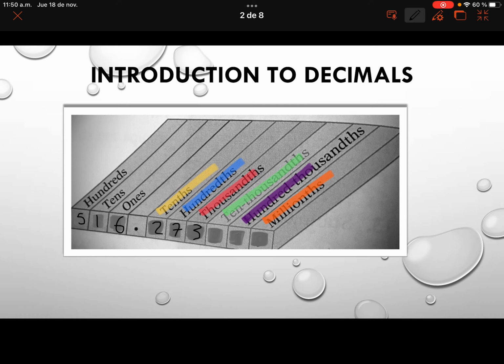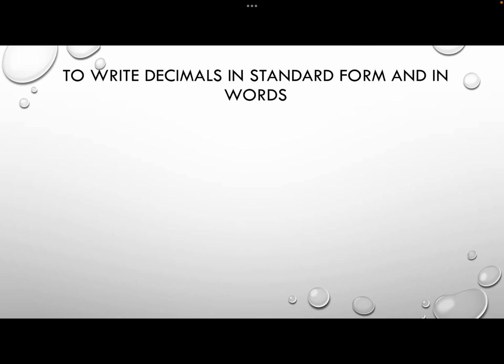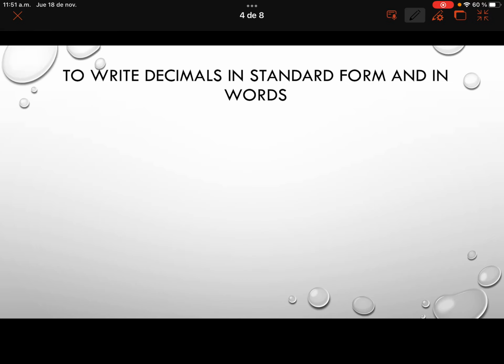Now in words, this number is 516, and remember that "and" refers to the decimal point, and 273 thousandths, because that's the position of the number 3. Okay, then keep that information in mind. Okay, then let's analyze another example here. For example, this number.